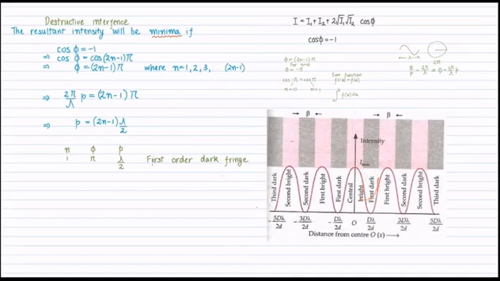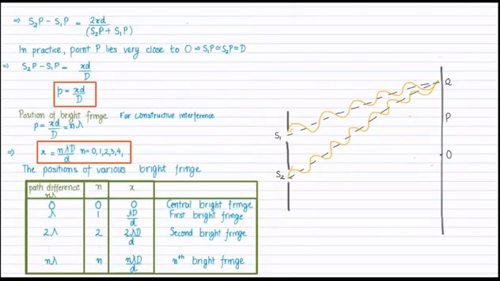Fine. And this is the distance from the center. Okay, to find out the distance, I have already derived this relation. To find out the distance, what was the relation? You can go back to your lesson number 31. In lesson number 31, I have derived the equation for the position, where x equals n lambda D by d, and this corresponds to the bright fringe.